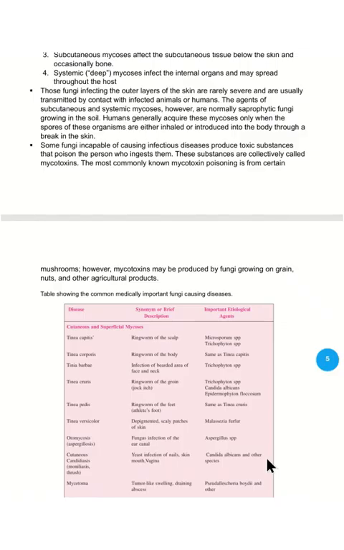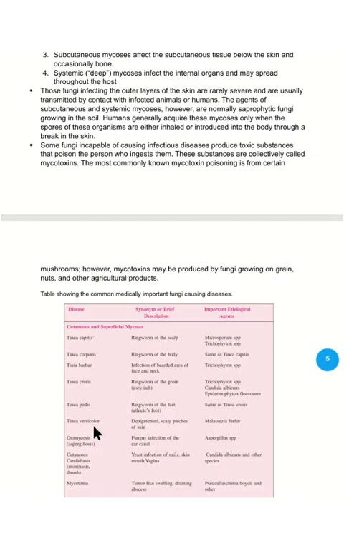The table here shows the common diseases that infect human beings according to the site of infection. For example, in cutaneous and superficial mycoses, we have different types of tinea, but they differ in the infected area. For example, we have ringworm, and this affects the scalp, the head, the hair scalp, and this is caused by Microsporum species and Trichophyton species.